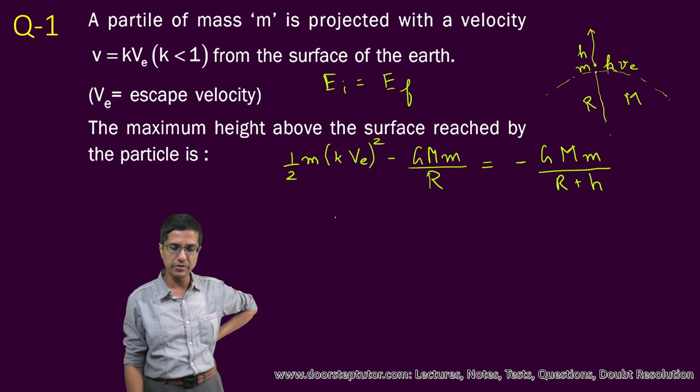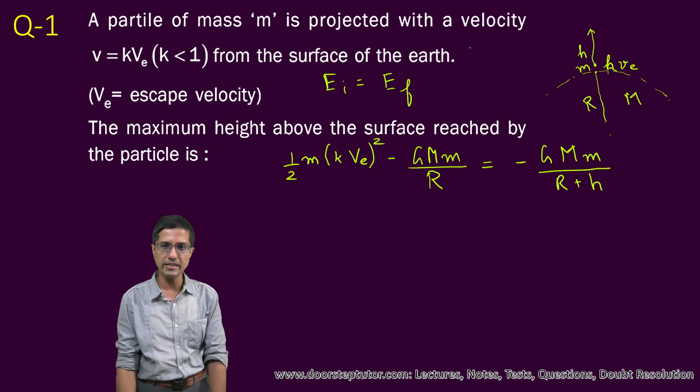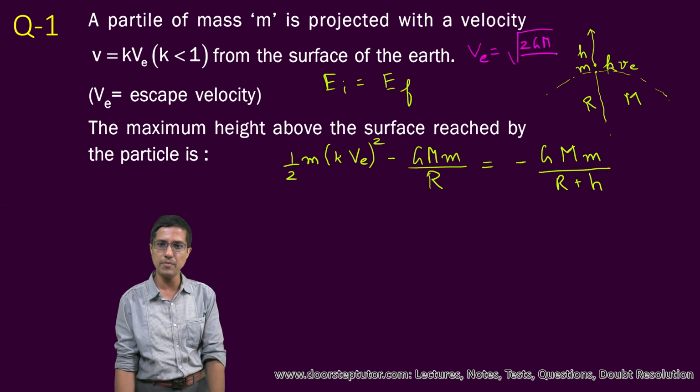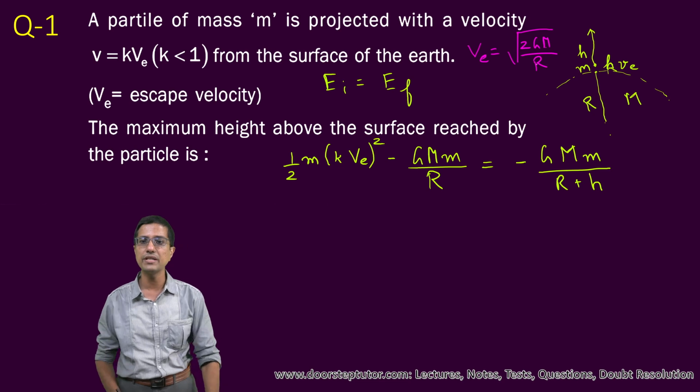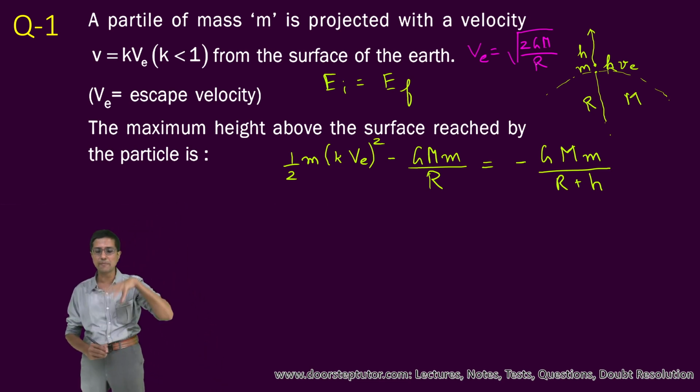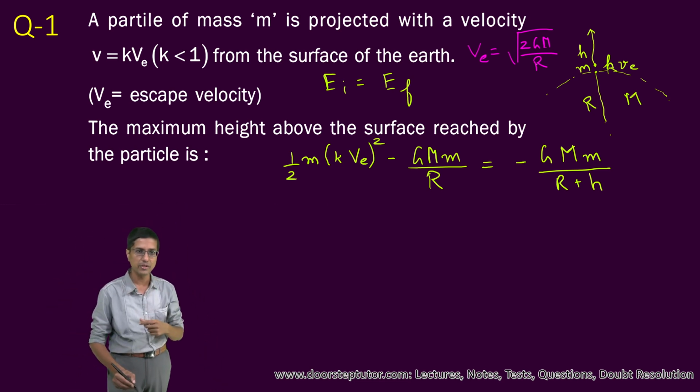It has been converted to potential energy. So we also know at this point that V_E, which is the escape velocity, is nothing but root of 2GM upon r, where capital M is the mass of the Earth and r is the radius.